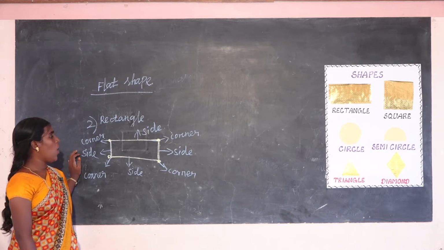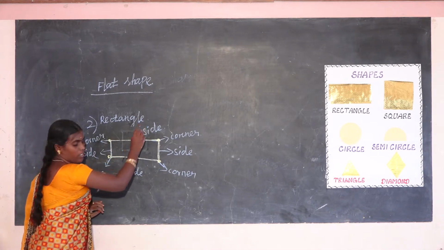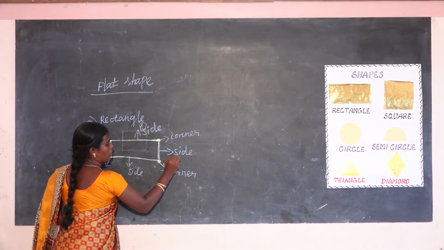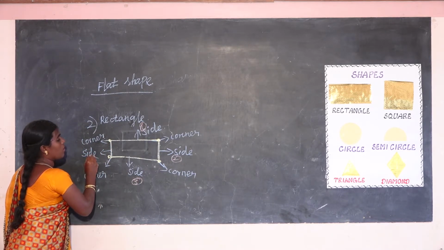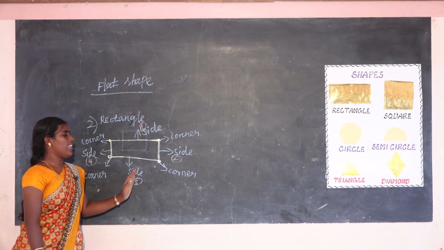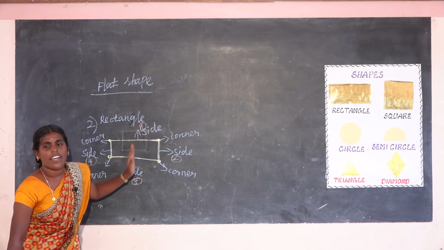Now, how many sides are there? You count it. One, two, three, four. The rectangle also has four sides, and also four corners.